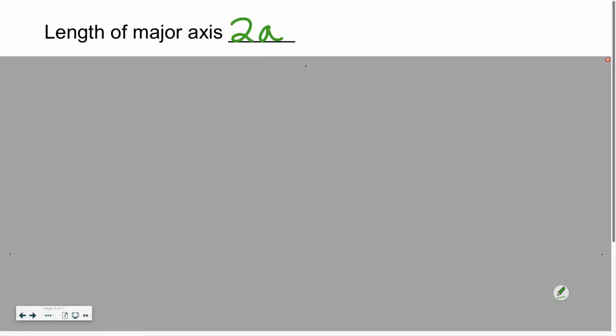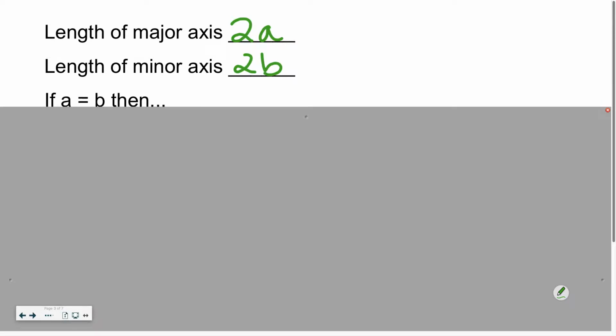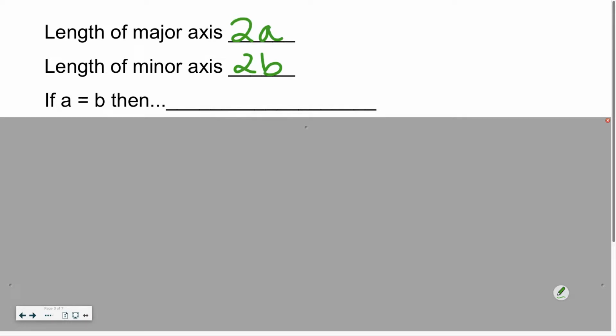So it's the length 2a. Okay? How about the minor axis? From minor endpoint to minor endpoint, how long is that? 2b. Okay? What would it look like if a and b were the same? A circle. Then we would have a circle. And that's why I say a circle is a special kind of ellipse.